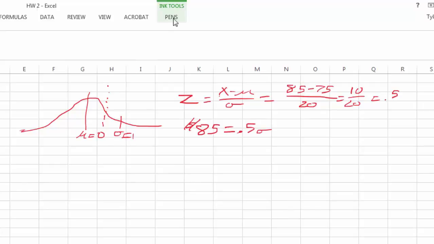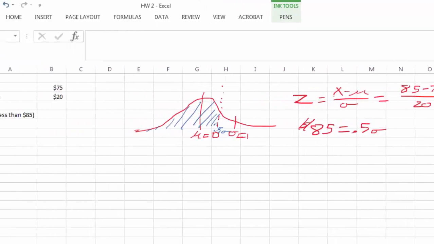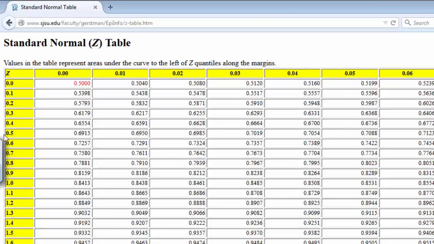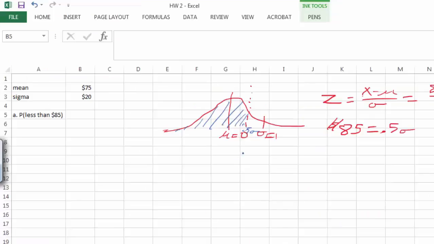So now I'm saying what percent of observations are to the left of that value of 0.5 sigma. Old school way is to go back here and find 0.50, and there it is, 69.15%. I'll write that down. Done the old-fashioned way, working everything out by hand, but that's not what Excel is for.